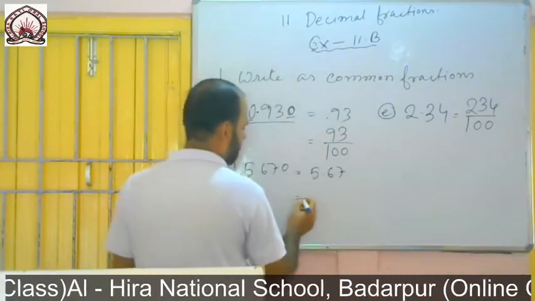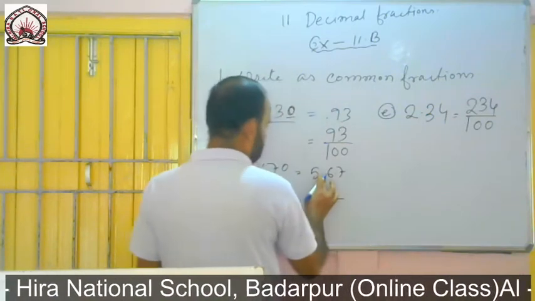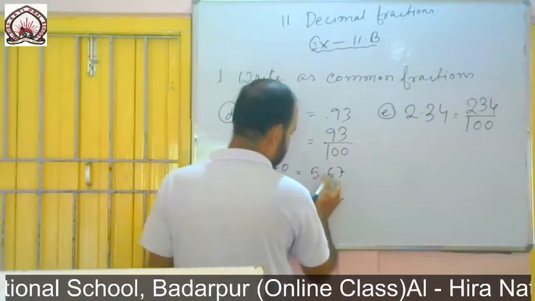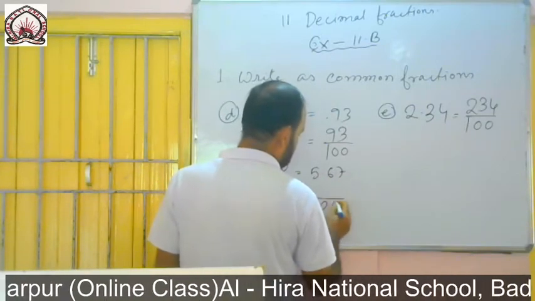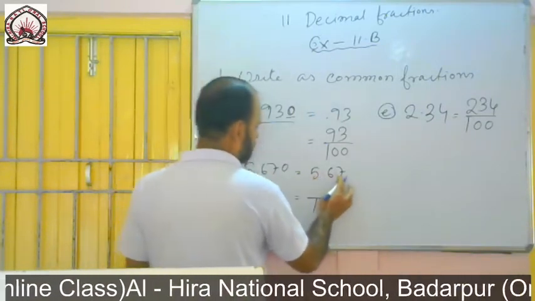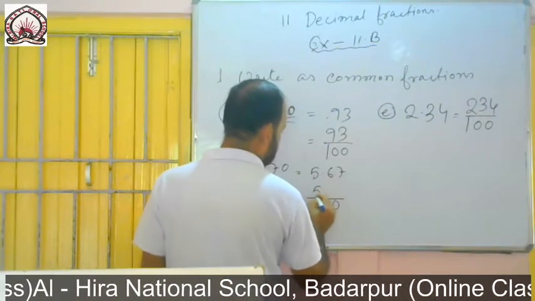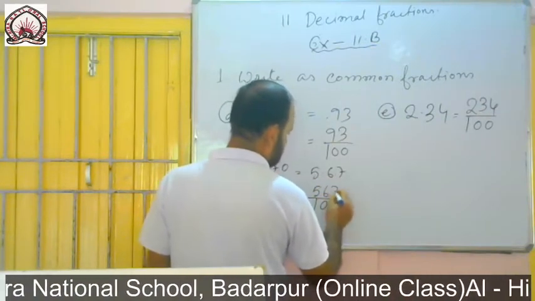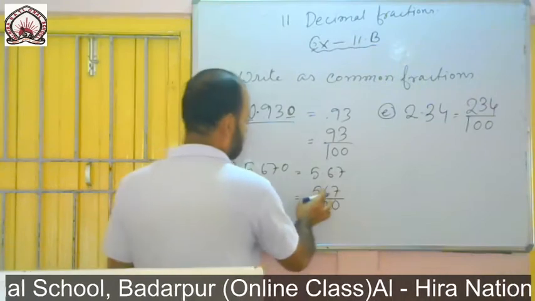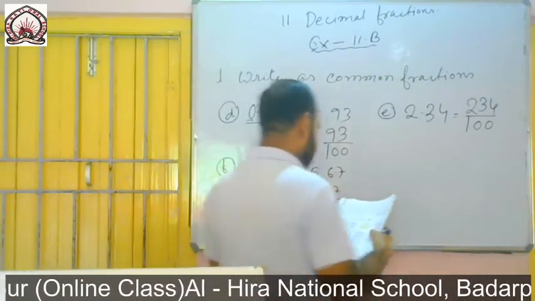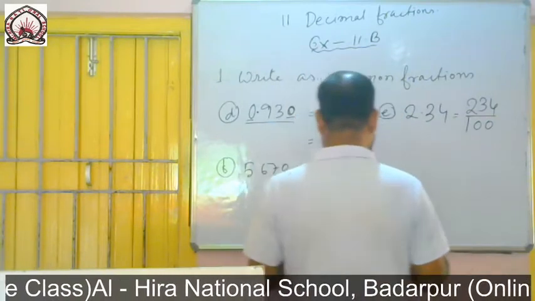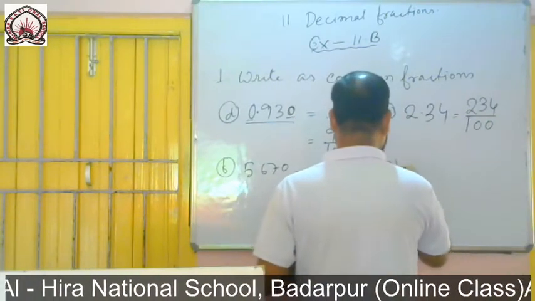Now after the point there are 2 digits, so we give 1, then 2 zeros, and we write this number without the decimal point, that means 567. 567 by 100. Next, question number G.